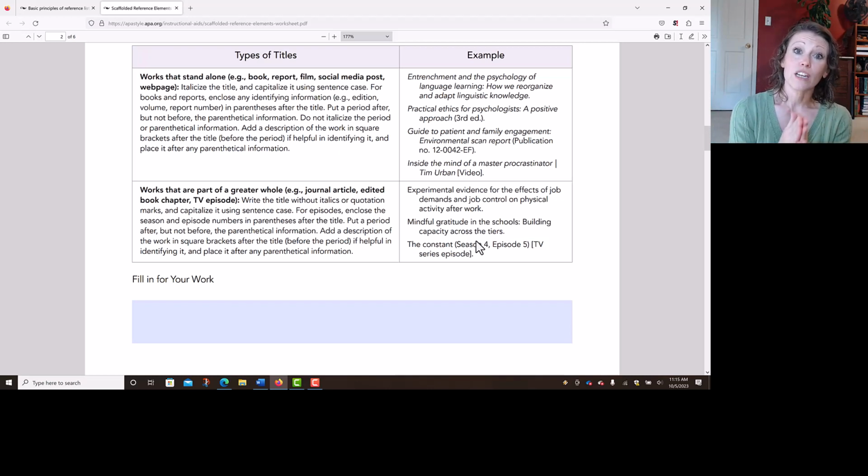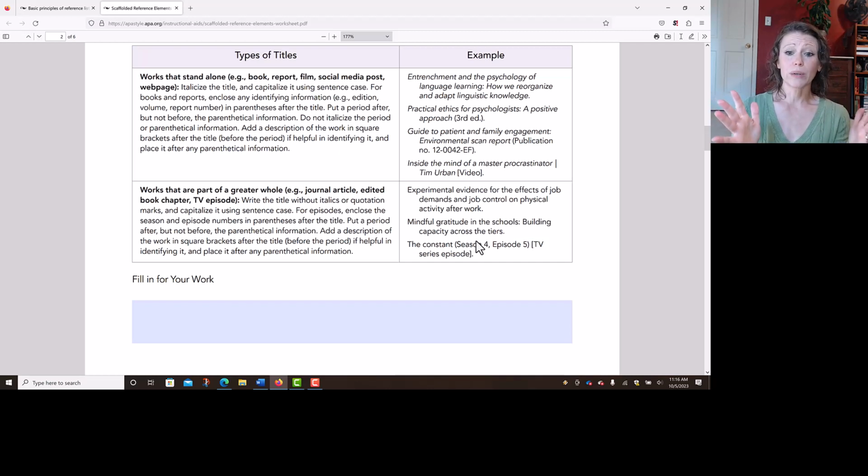If you are citing a journal article, magazine article, book chapter, a specific TV episode, then you would use the same sentence capitalization, but it does not get italics, because you're actually saving the italics for what comes next. And I'll show you what I mean by that.